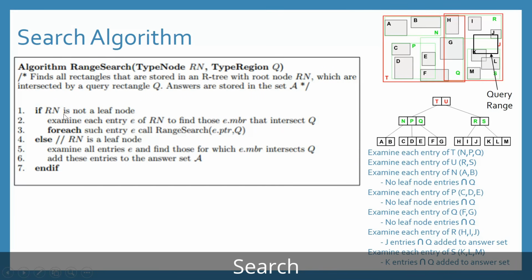If the node is not a leaf node, then you examine each entry of the root node, so each child of that root node, and find the MBR which will intersect with the bounding box Q. And then for each such entry that satisfies that condition, we're going to perform a range search. That is basically going to recursively call this algorithm again till it finds the smallest MBR, which results in the intersection of the region given.